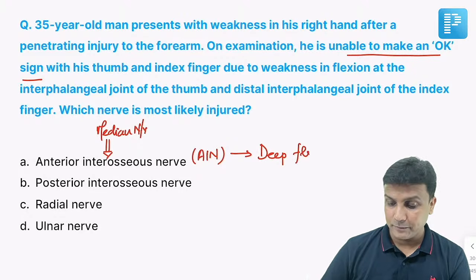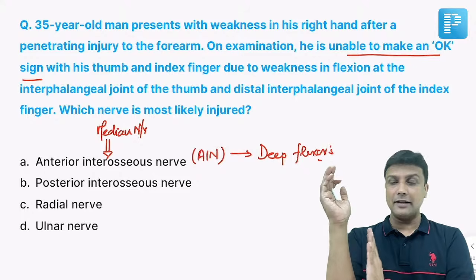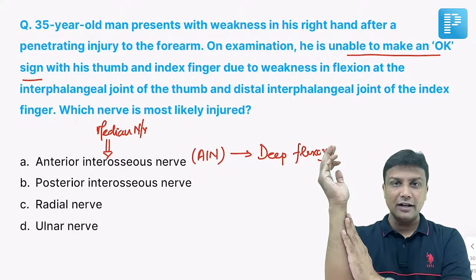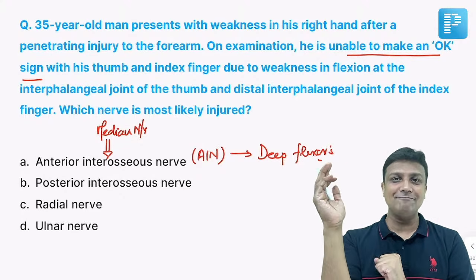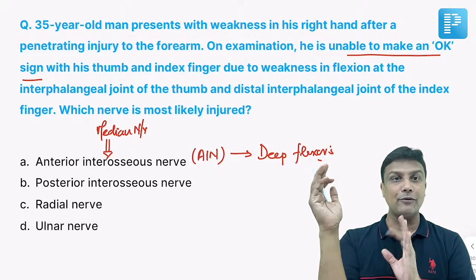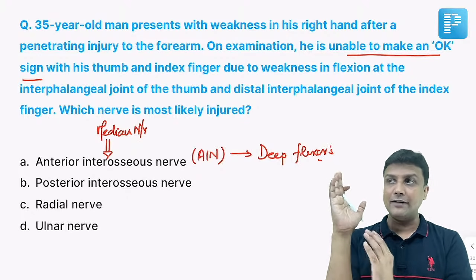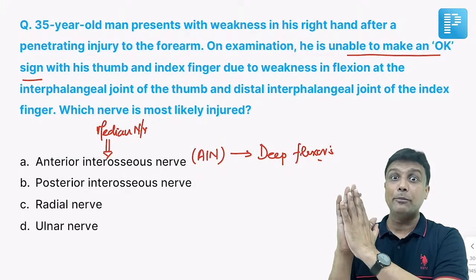Deep flexors. What do I mean by this? In the anterior compartment of the forearm, you'll be having two layers. One is your superficial layer, another one is the deeper layer. Now in the deeper layer, you're having the FDP muscle, flexor digitorum profundus. If you have seen those images, the four tendons go into the digits up to the distal phalanx.